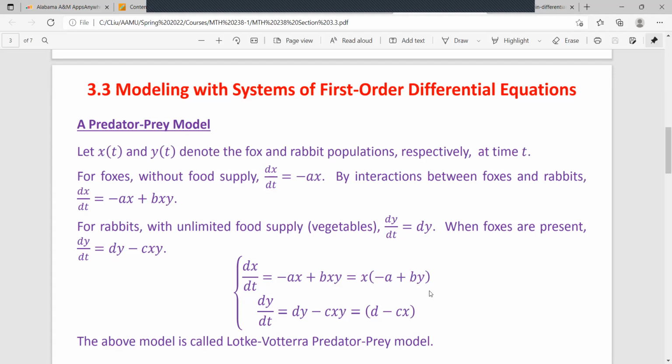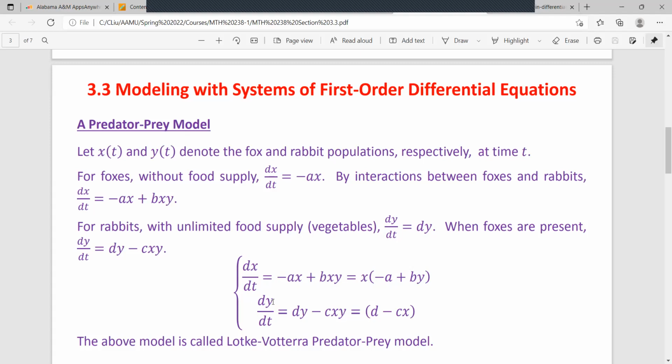Okay. If x is the population of foxes and y is the population of rabbits, then we can write down a differential equation: dx over dt equals x times negative a plus by, where a and b are constants.